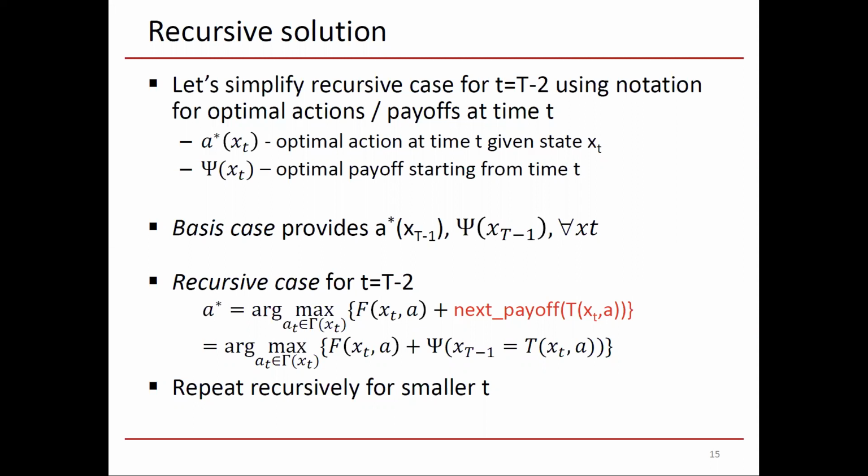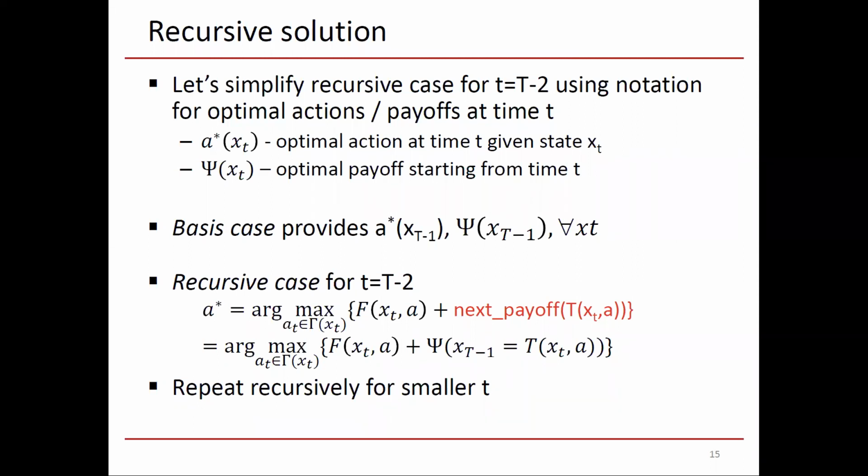The base case provides the a stars and the psis for time t equals capital T minus 1. The recursive case is for capital T minus 2. A star, the optimal action, is the argmax over all the possible actions of the immediate payoff plus the next payoff. And the next payoff is actually the psi function.